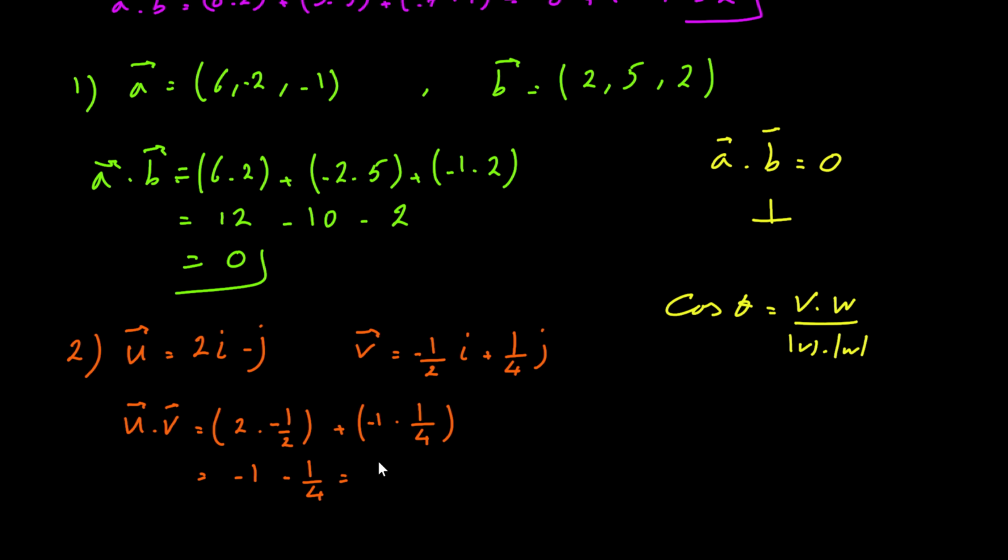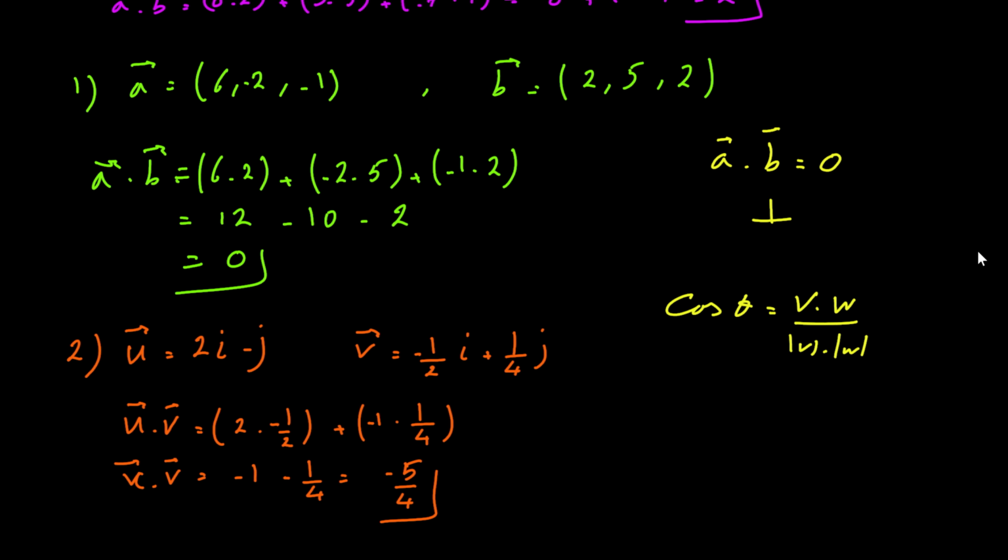We do the common denominator and we get -5/4. So u dot v gives us -5/4. So they are not orthogonal. So the angle between them is not 90.